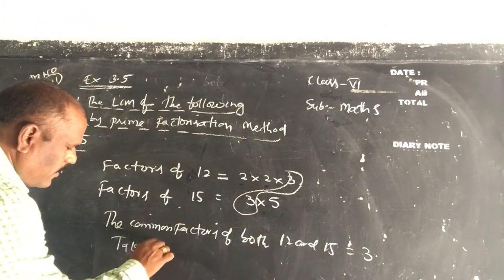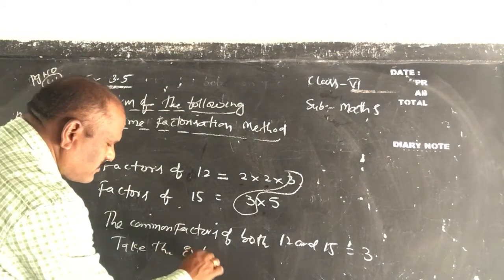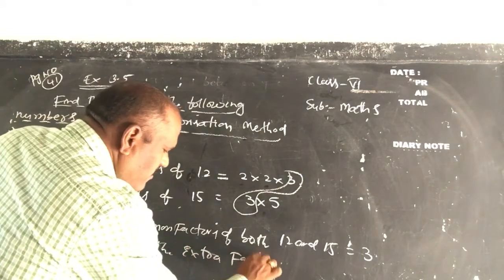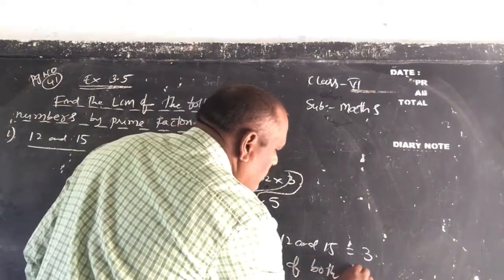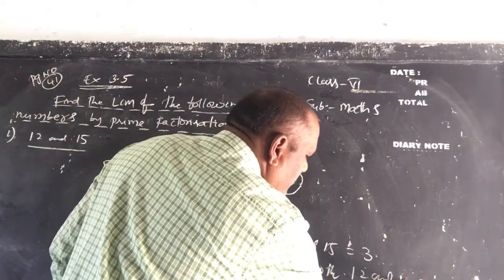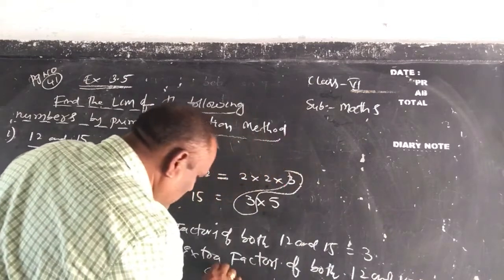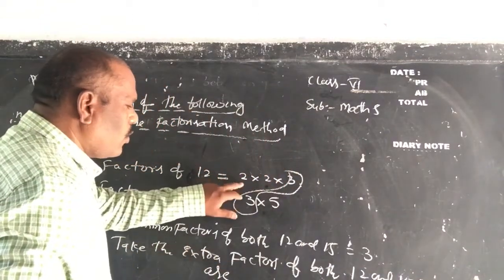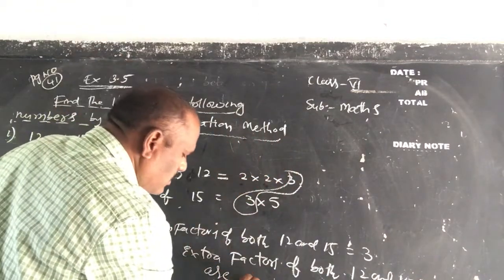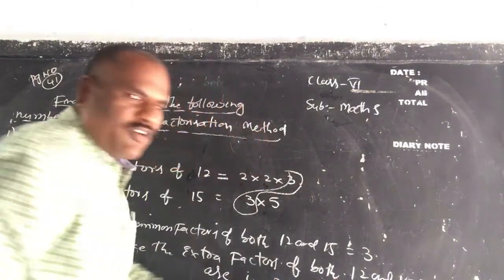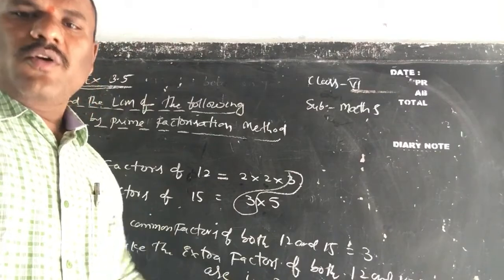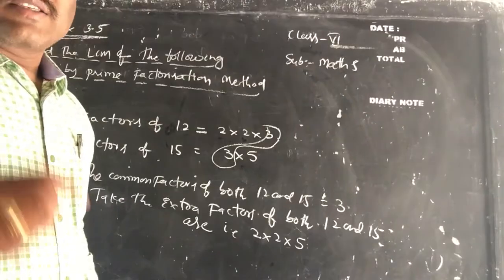The extra factors here are 2 into 2 into 5. These are the extra factors, children.